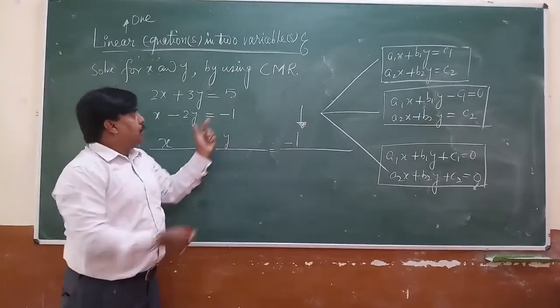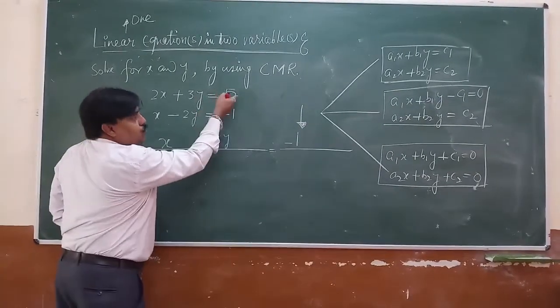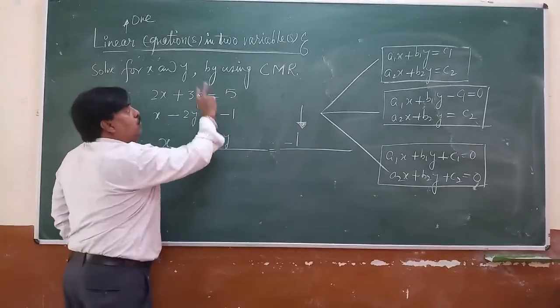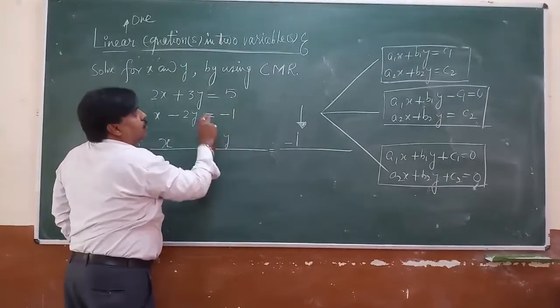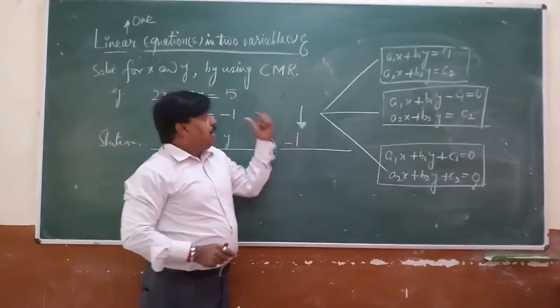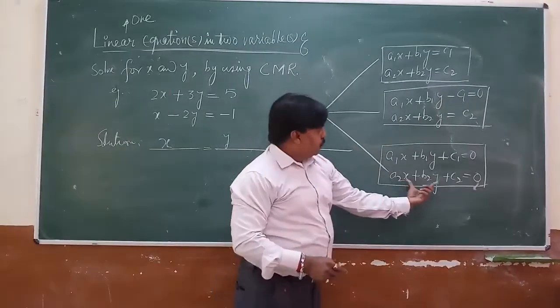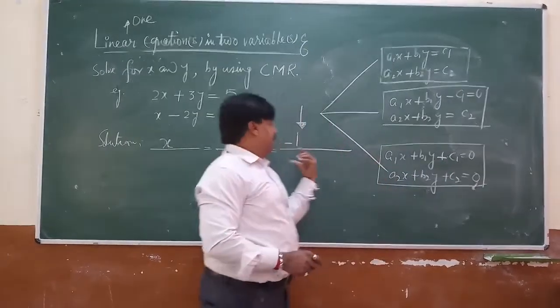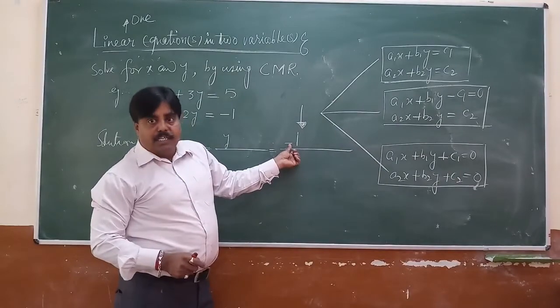If both the constant terms are on the right hand side, like here 5 and minus 1, we are not worried about plus and minus. Then we always take minus 1 here. Sometimes the condition may be the third one, where both constants are on the left hand side; then you can take plus 1 here.